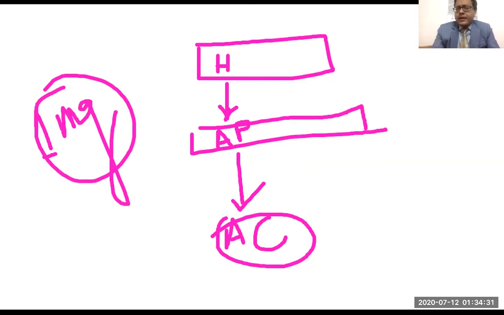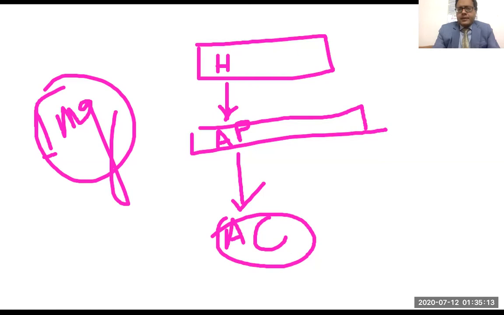In a normal person, if I give 1 milligram of dexamethasone, that would create negative feedback on the anterior pituitary and the hypothalamus, causing suppression of the cortisol level. But if a patient is in a chronic state of hypercortisolism, that means he already has a high level of cortisol, that is, he has Cushing syndrome, then there would not be much effect on this feedback by this low dose dexamethasone.